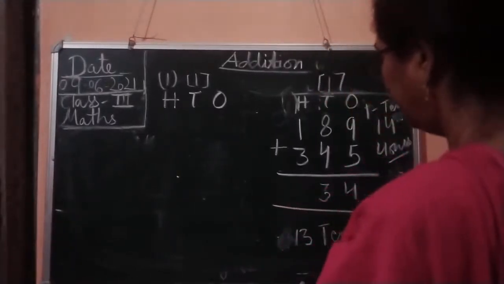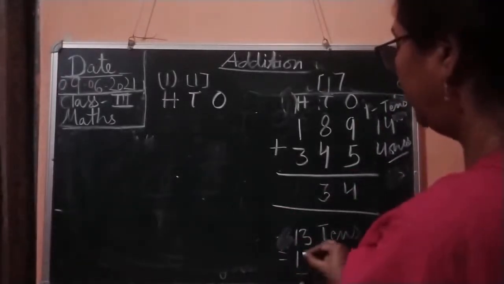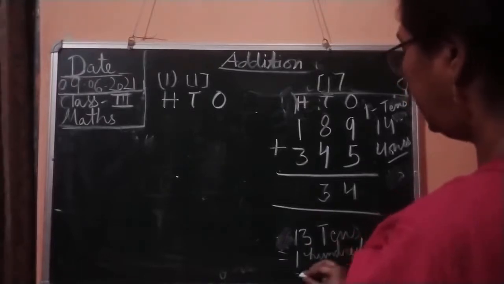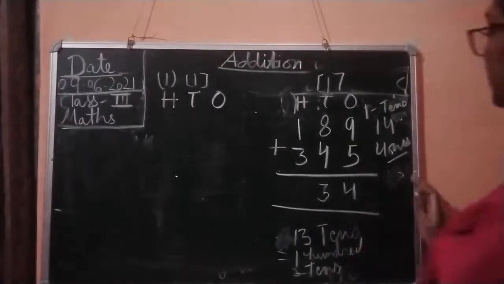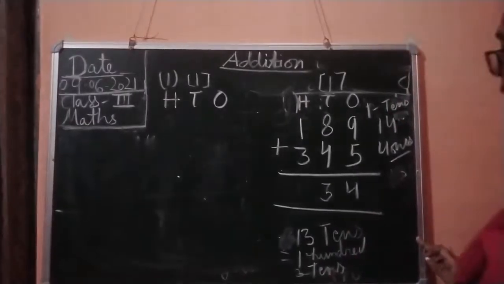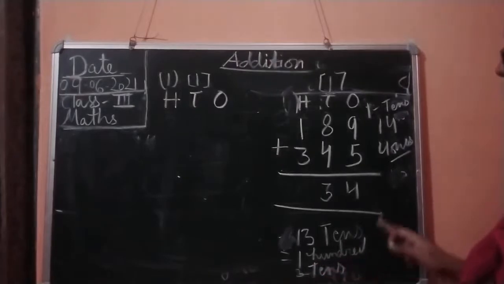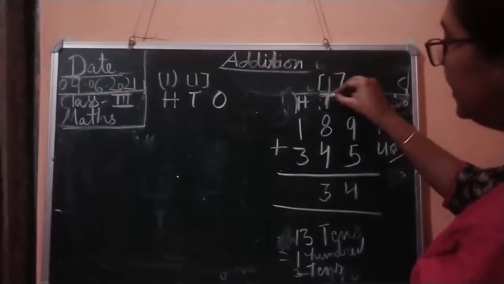Okay children, 13 tens is equal to 1 hundred and 3 tens. So that is why we will write 3 in the tens column.